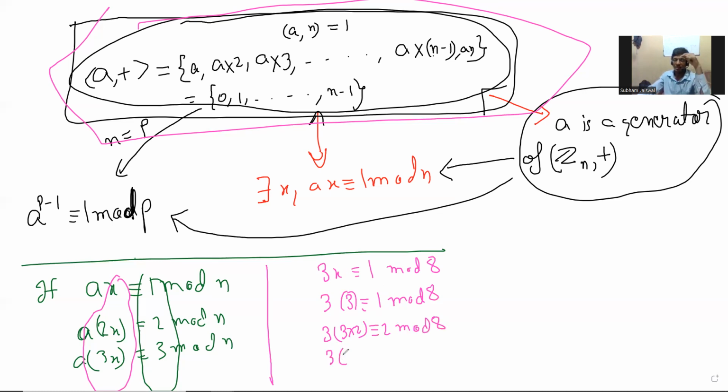When you take 3 times 3, you get 3. How am I getting these things? You can just think that I am multiplying this equation by 3, right? And when you multiply it by 4, you get 4.